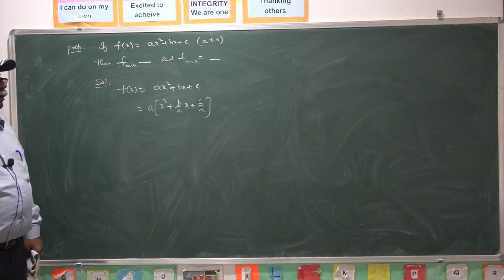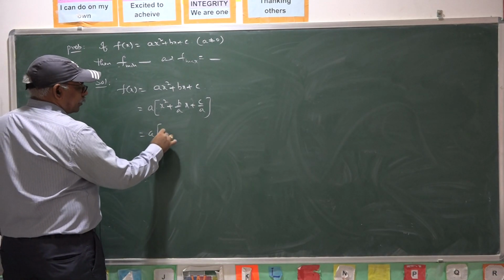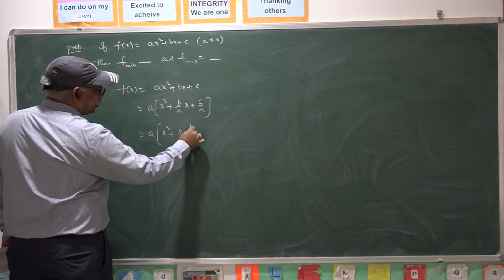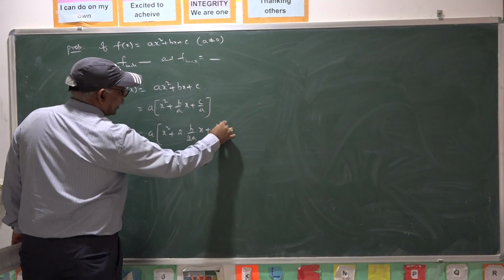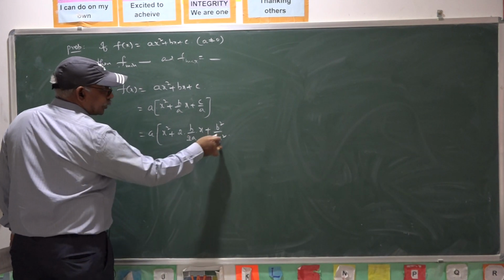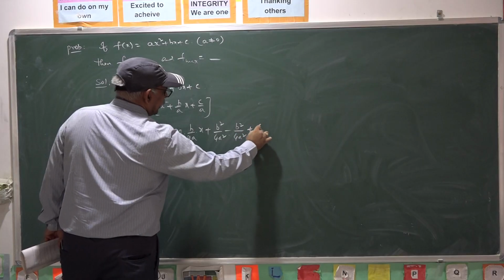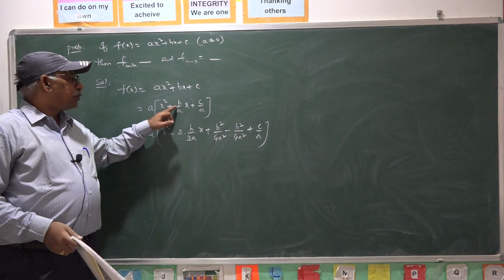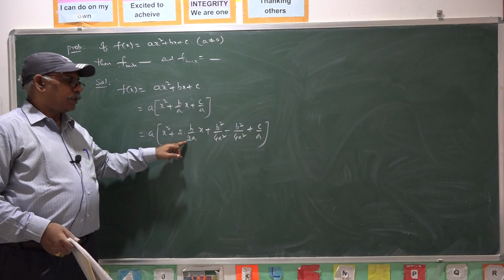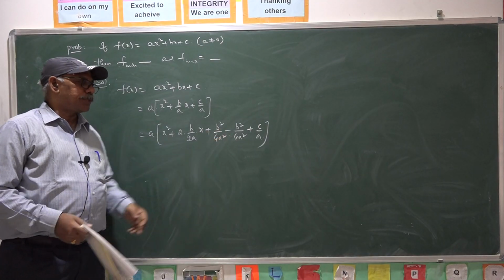I will write it as a into x² + 2·(b/2a)·x, adding and subtracting b²/4a², the square of this term, plus c/a. Within the bracket itself, just multiply the numerator and denominator with 2 and add the square of b/2a, we get these terms.